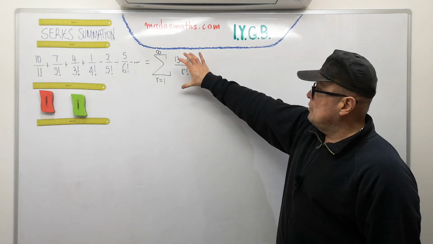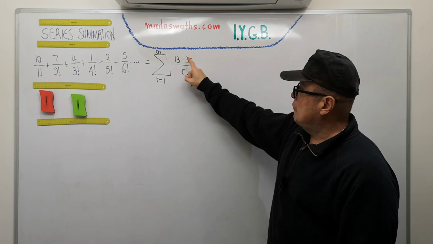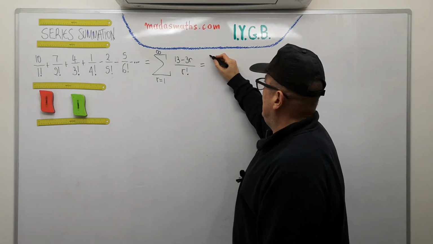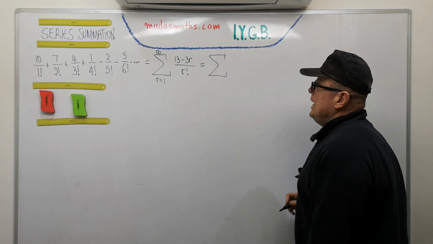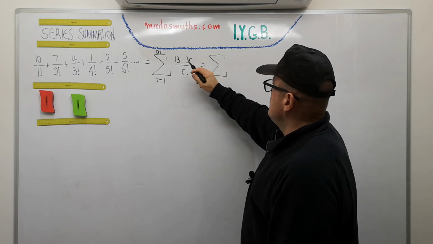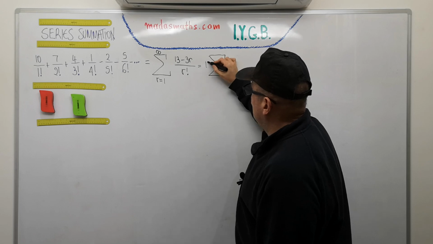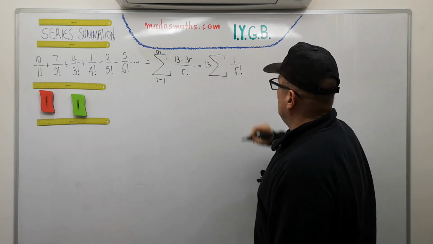And in the sigma notation, we've got one advantage there. We can actually split the fraction here. So the first thing that I'm going to do is I'm going to say, let's split this using the linearity of the sigma operator. And shall I move the 13 also at the front? I probably will. So 13, 1 over r factorial.